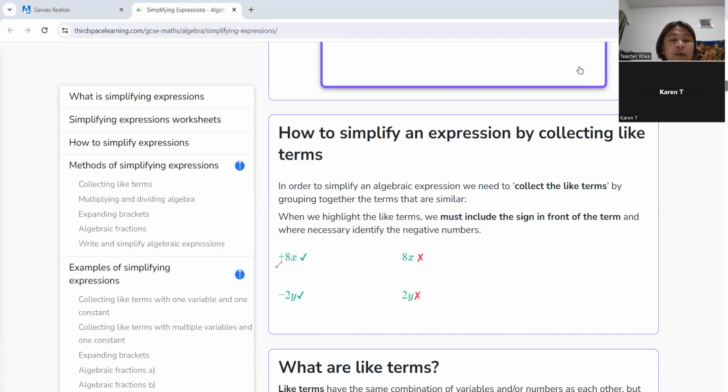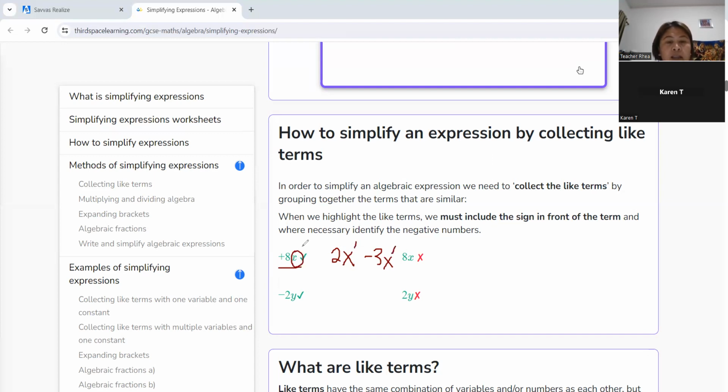So for example, 8x, and we also have 2x, negative 3x. So they have the same variable and the same power.